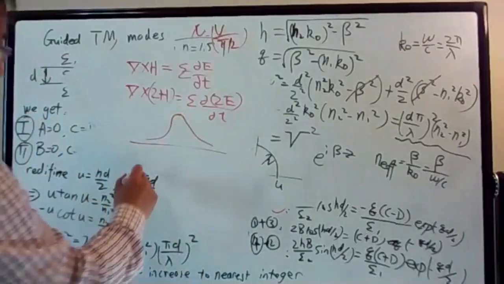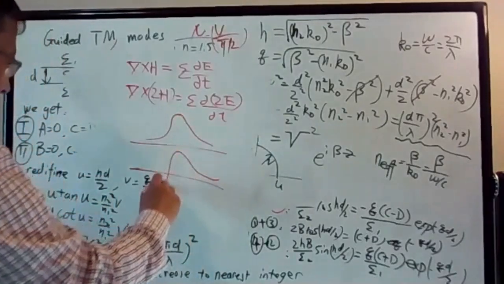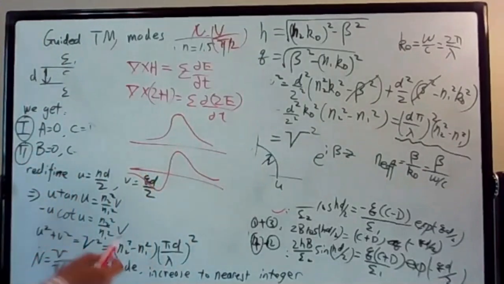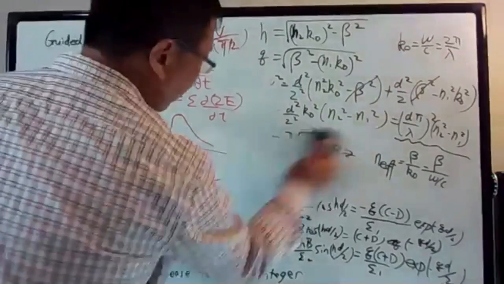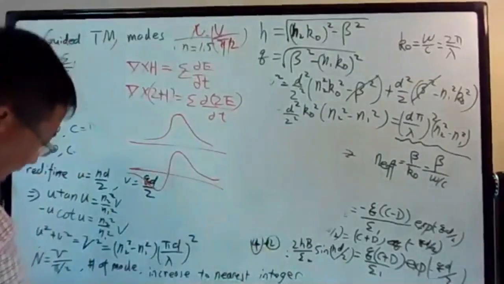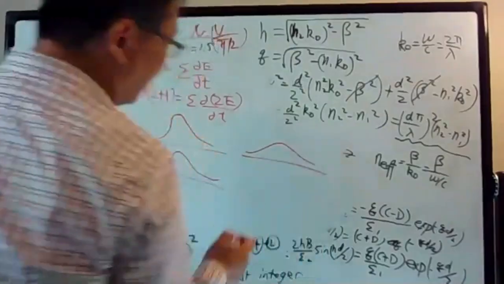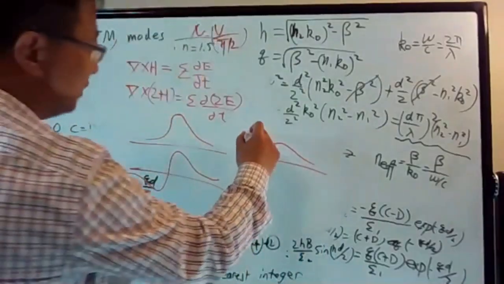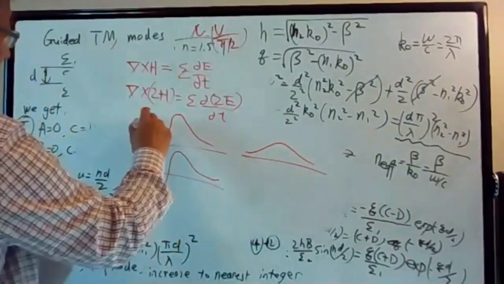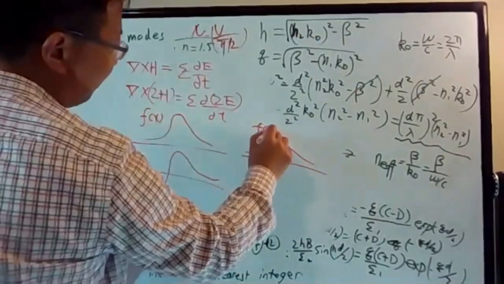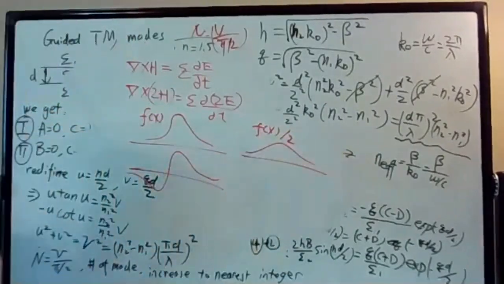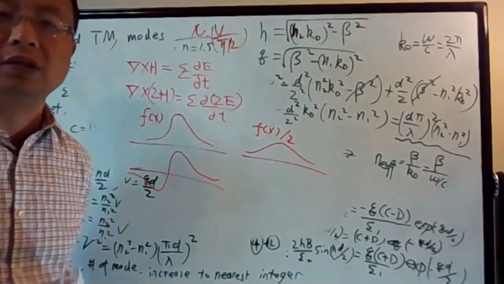this is the first mode, this is the second mode, right? And if we multiply or divide, as long as the shape is the same, so if this f(x) is divided by 2, it is also a solution.